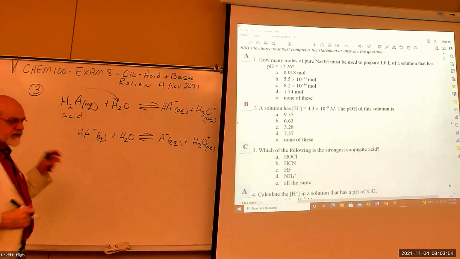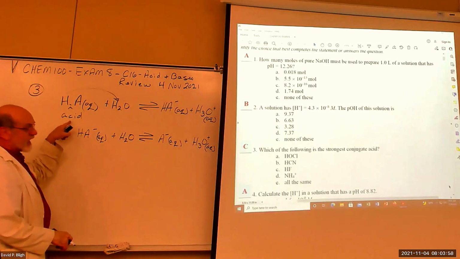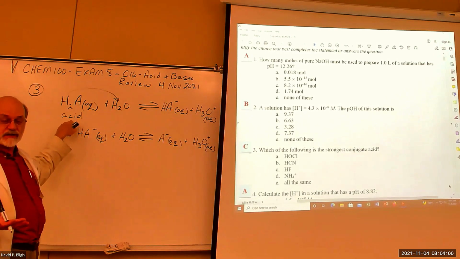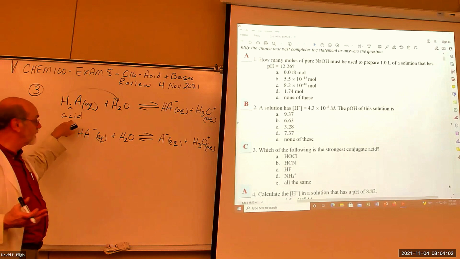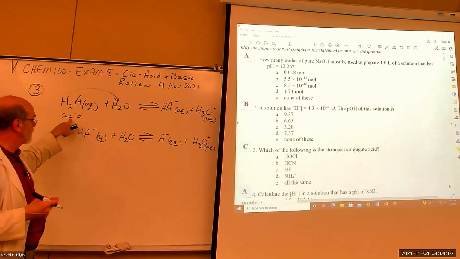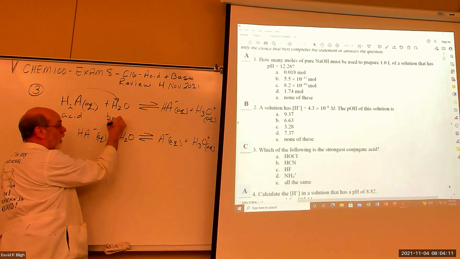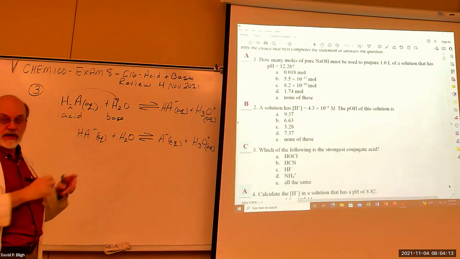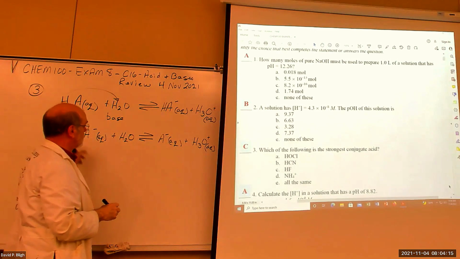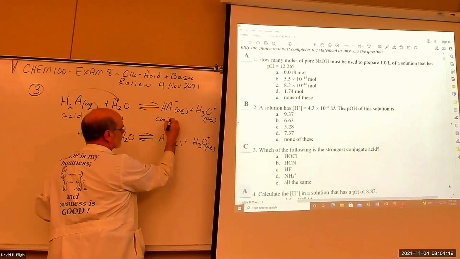Okay, so that's characteristic. When we talk about acids and bases, this is an acid because, according to the Bronsted-Lowry definition, it donates a proton. That's an acid. The receiver of the proton is the base. So in this case, water is the base. It accepts the proton. And on this side, we have the conjugate base.